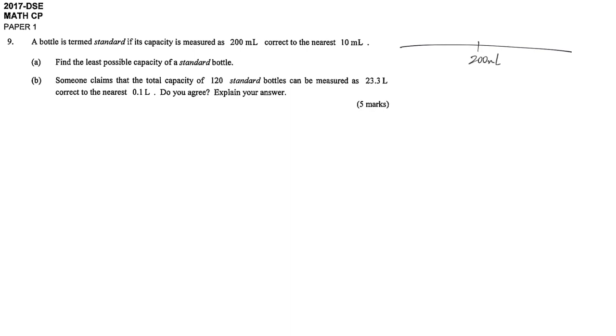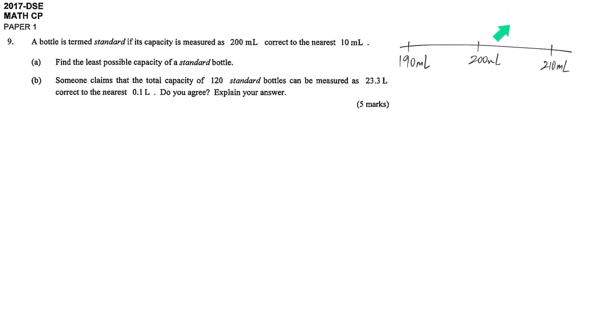Correct to the nearest 10 means the next interval is 10 ml more than the measured value. So every time we have an extra 10 ml, and then 190 ml on the left-hand side. We don't have any interval in between.